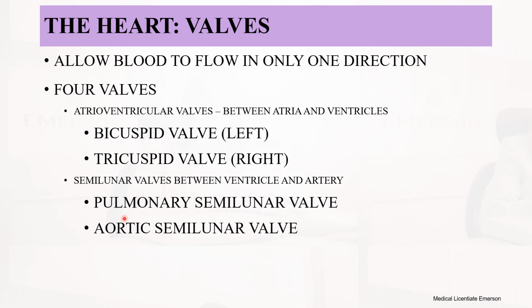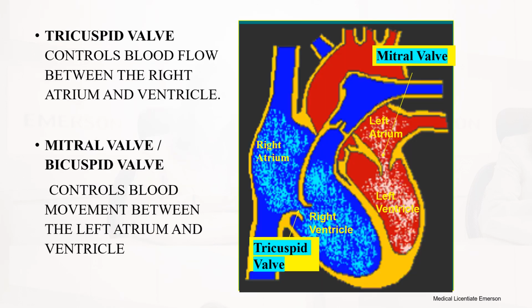So we have the pulmonary valve, tricuspid, bicuspid, aortic. This is what we were talking about. Okay, so let's start now with the valves. The tricuspid valve, which is this one, controls blood flow between the right atrium and the ventricle.